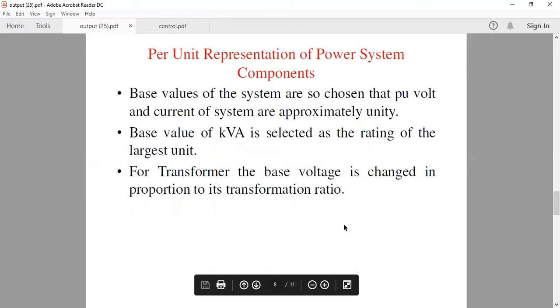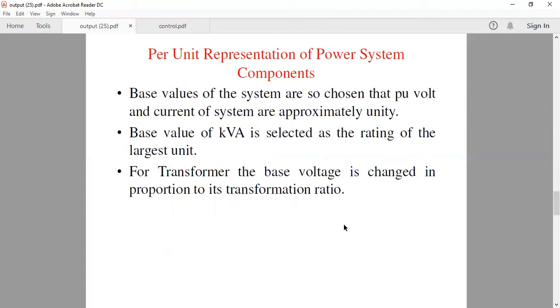Base values of the system are so chosen that per unit volt and current of the system are approximately unity. So while choosing base values, this care needs to be taken. Base value of kVA is selected as the rating of the largest unit.